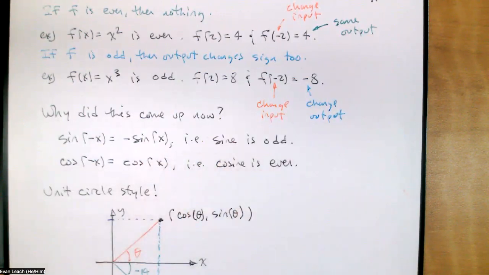Sine is an odd function, so where there's a sine of negative x somewhere in there, you can replace that with negative sine x. Or cosine is even. So if there's a cosine of negative x, I go, what do I do with this? And it's just like, just in time. Good thing we just learned about even and odd functions. You can see cosine of negative x in the problem, just replace it with cosine x because cosine is even.